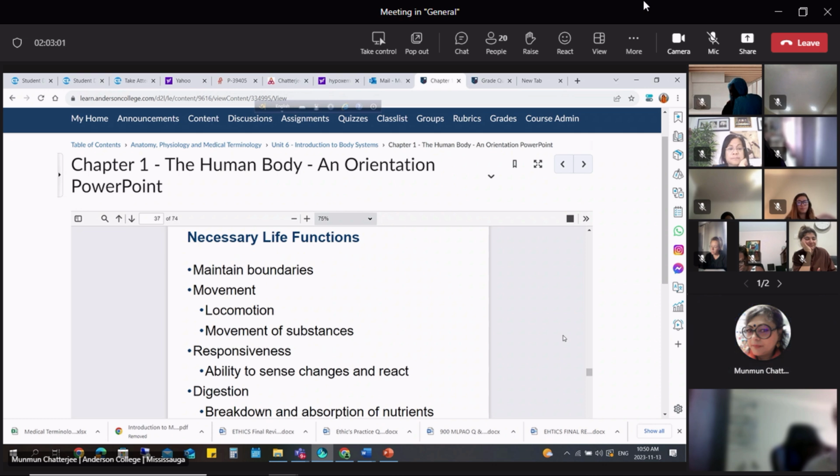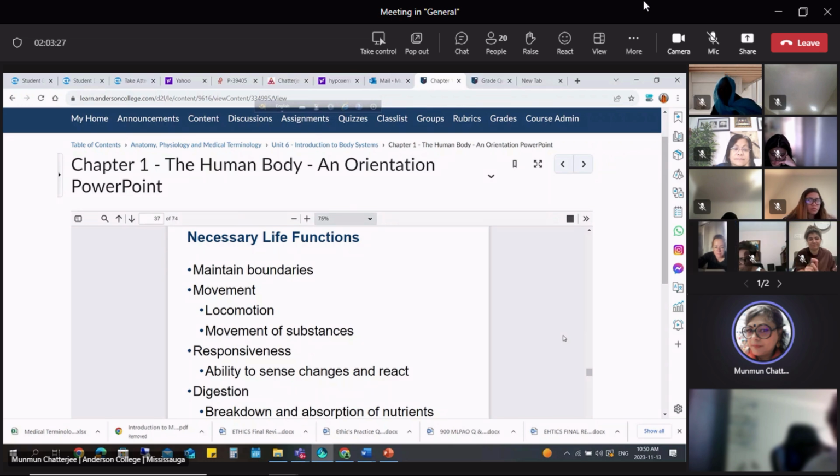Then we are going to responsiveness. What does responsiveness mean? The ability to sense, change and react. Which organ system is mainly responsible? We just learned a little bit. Who is responsible for the ability to sense? The nervous system.